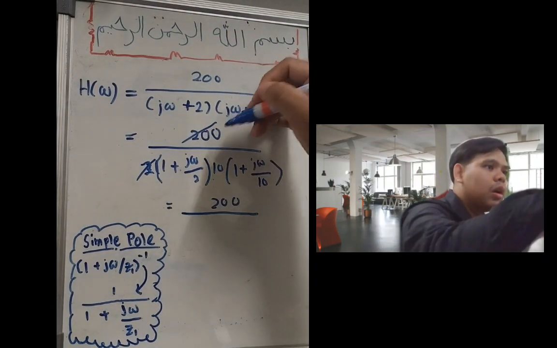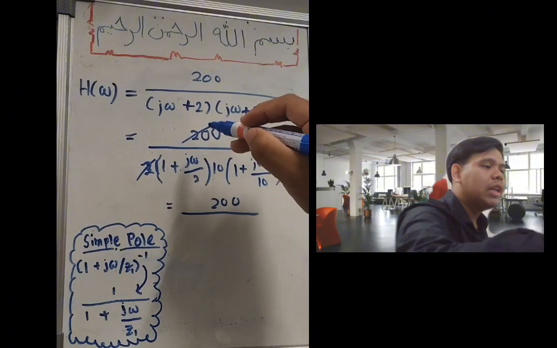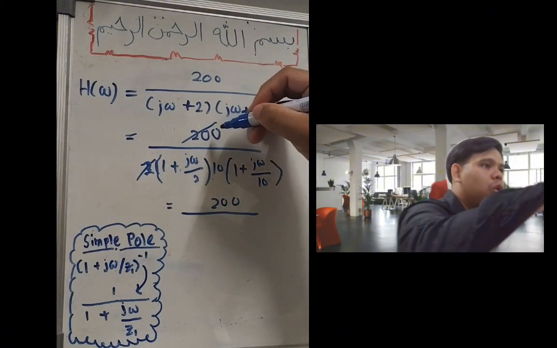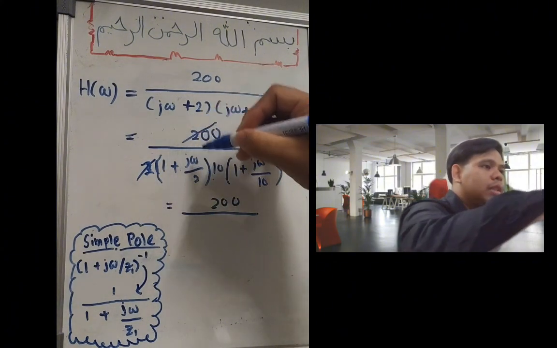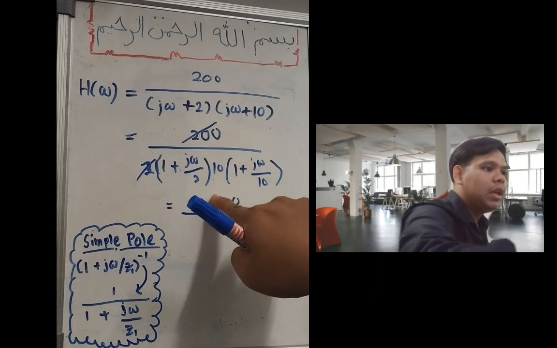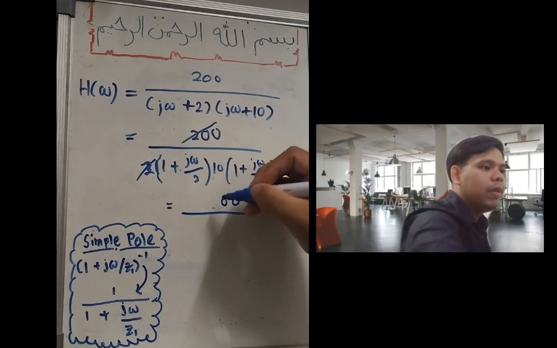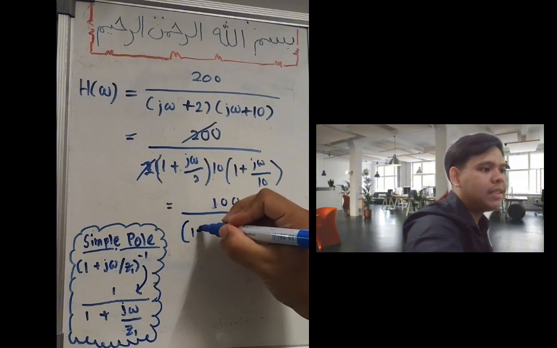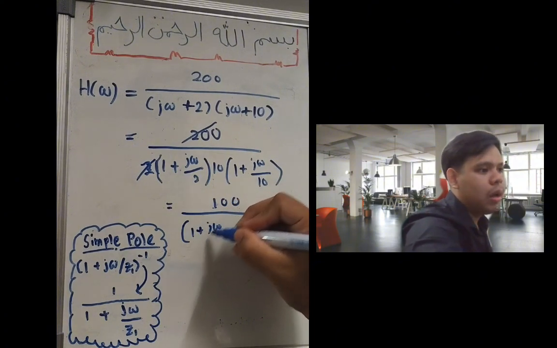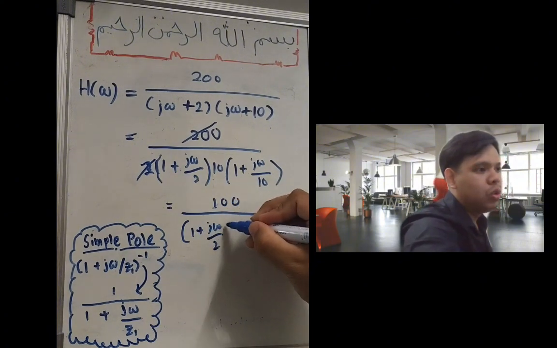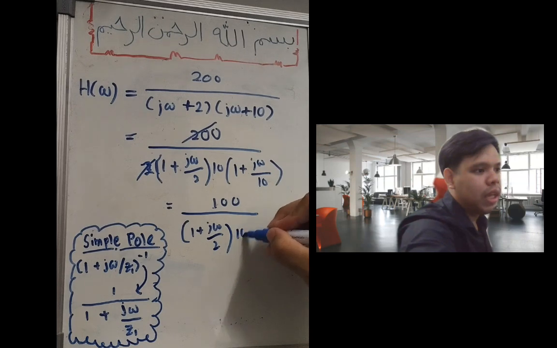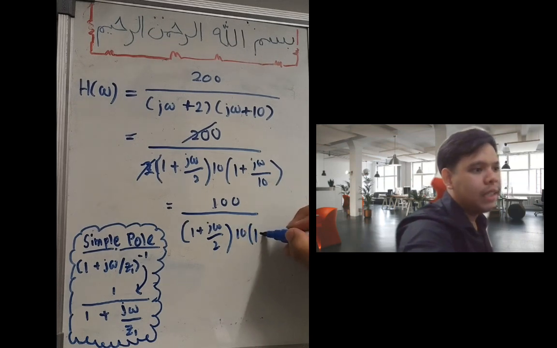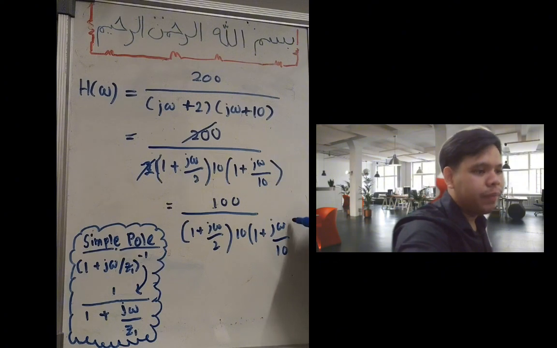First step, we must cut the 200 divided by 2. So now the equation will be 100 over (1 plus j omega divided by 2) times 10 (1 plus j omega divided by 10).